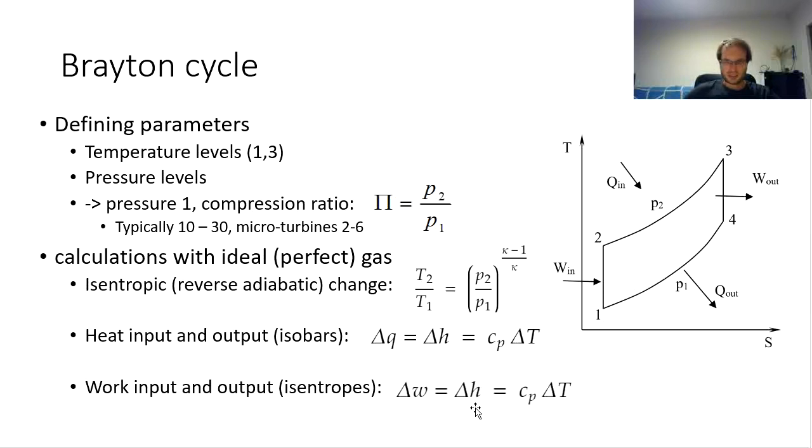And as we are in ideal gas, the change in the enthalpy is specific heat capacity times change in temperature. And because the specific heat capacity will be again in our case constant, we can write it not just as differential but as difference, that the work will be the constant Cp times difference in temperature.